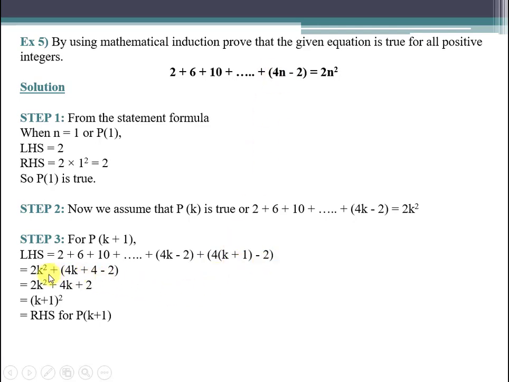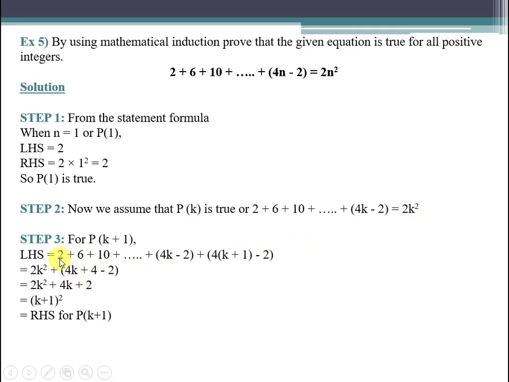So now, after simplifying, what do we have? This part we had: when we changed n with k, the sum 2 plus 6 plus 10 up to 4k minus 2 is equal to 2k squared.